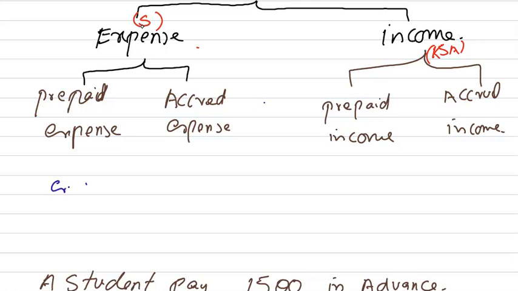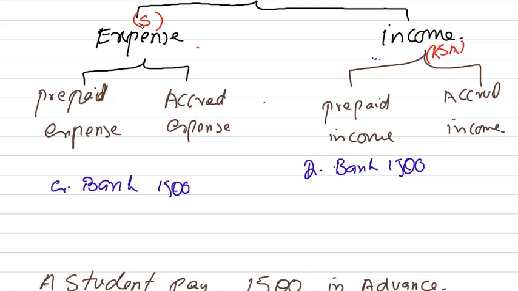So credit will be bank, with 1500. From the institute, the organization or the supplier's point of view, they receive the cash, so debit will be bank, with 1500. The money moves from the student's pocket to the bank account of the institute. So the student's account will be credit and the institute's account will be debit.